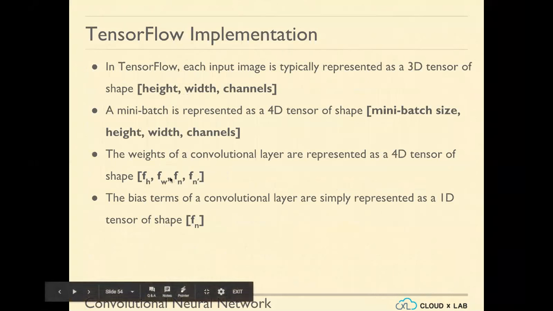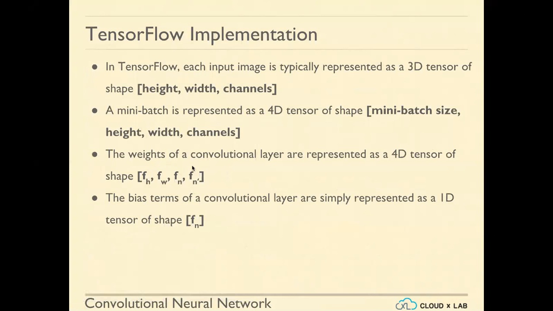So this is the number of filters, and this is the number of layers in the previous input layer. These are the 4 dimensions. So the overall weights are represented in this manner. For each layer in the previous input layer and for each of the output layers, we have these heights and widths. That's what is meant by weights.